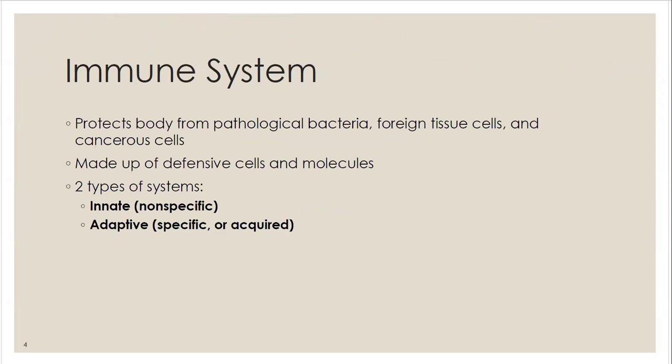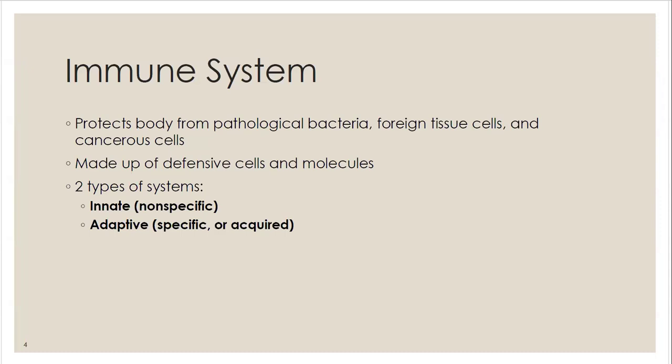Okay, so the immune system is a complex network designed to protect the body from pathogens, foreign tissues, and cancer cells, and it consists of defensive cells and molecules that operate through two different primary systems. That is called innate immunity, which is a non-specific defense system that acts as the first line of defense.